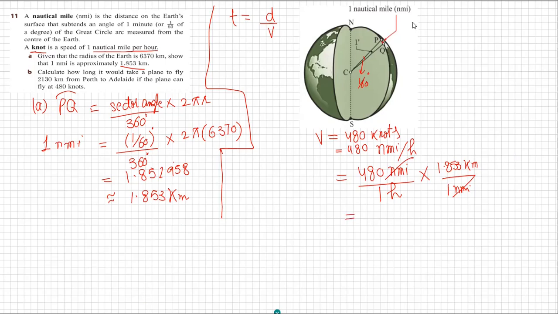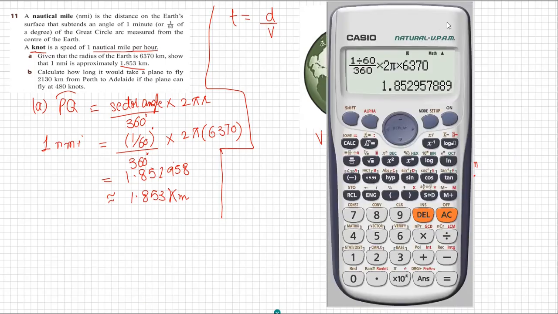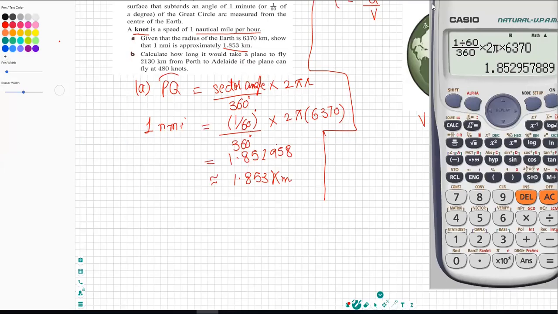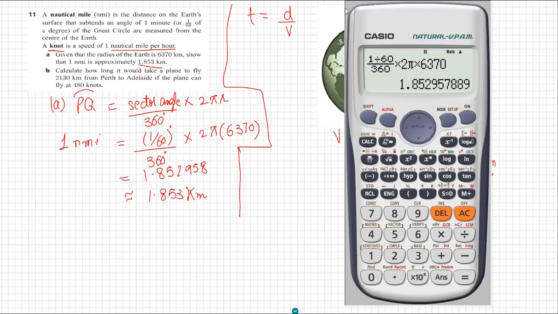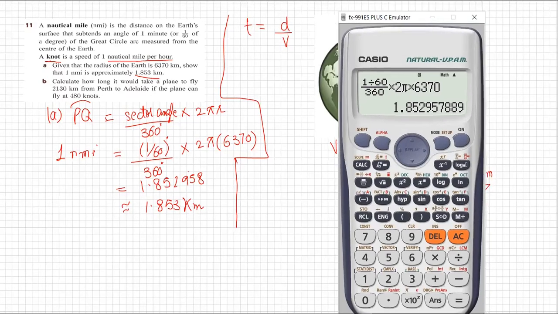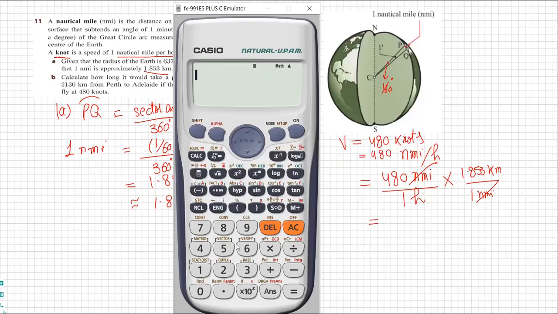So calculating this: 480 multiplied by 1.853, so now the speed will be in kilometers per hour, 889.44.